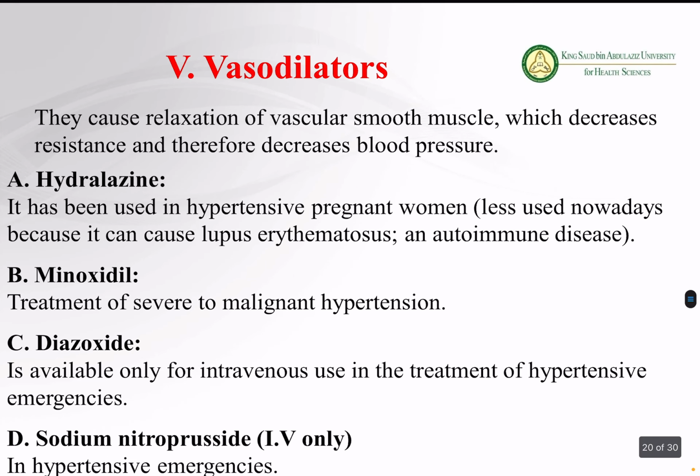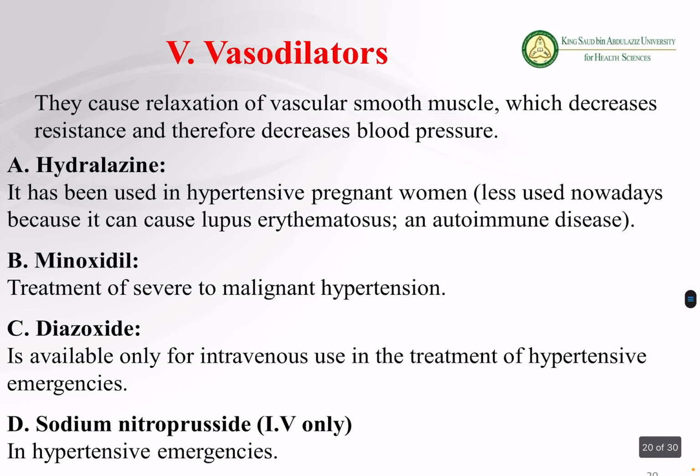Then we have the vasodilators category. These drugs cause relaxation of the vascular smooth muscles, which decreases the resistance and therefore decreases the blood pressure. We don't actually prefer these vasodilators, because we have other very good categories of drugs. We discussed beta blockers and calcium channel blockers.